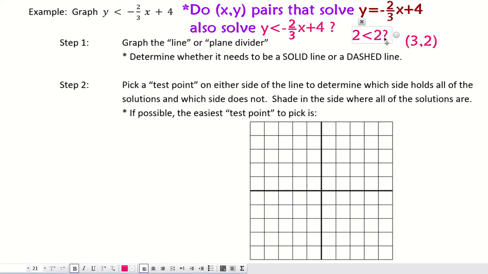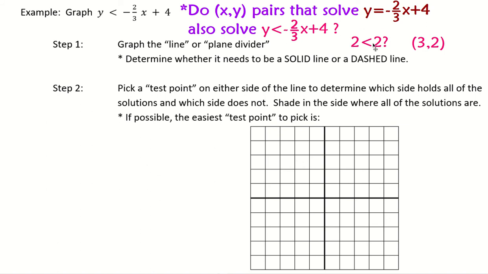So, is 2 less than 2? And the answer is no. Since this is strictly less than, any xy pair that solves the equation does not actually solve this inequality because it's just less than and not less than or equal to.